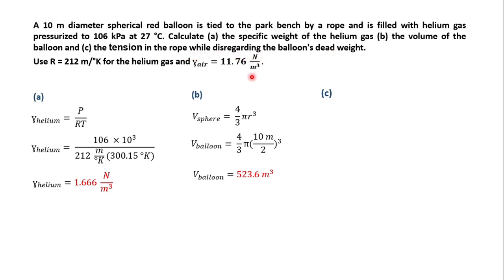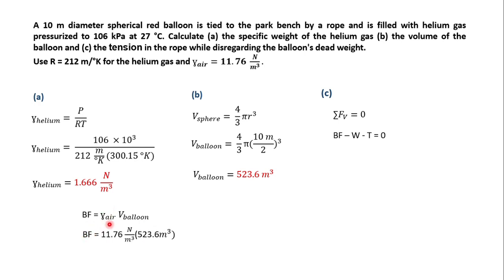Then let us proceed to letter C, or the tension in the rope while disregarding the balloon's dead weight. So we will use the formula buoyant force minus the weight minus the tension is equal to 0. So first, we have to find our buoyant force. The formula for our buoyant force is specific weight of air times the volume of the balloon.